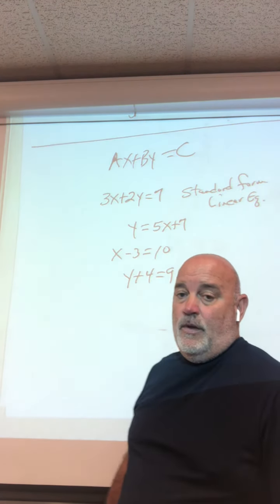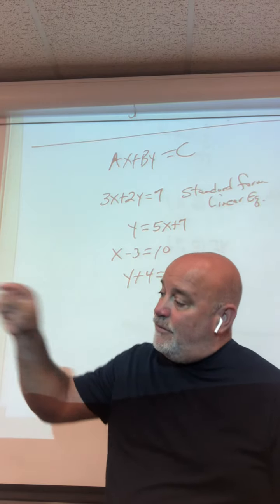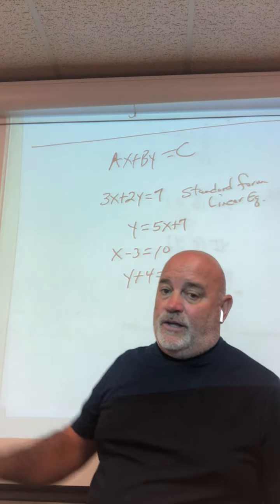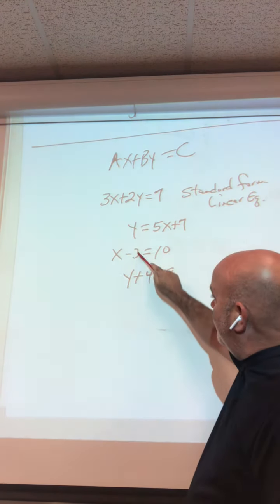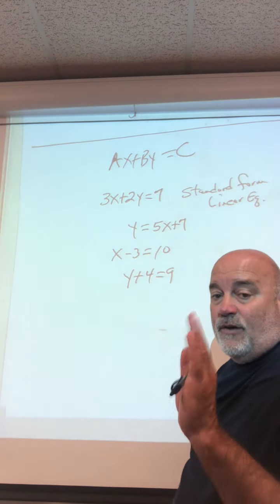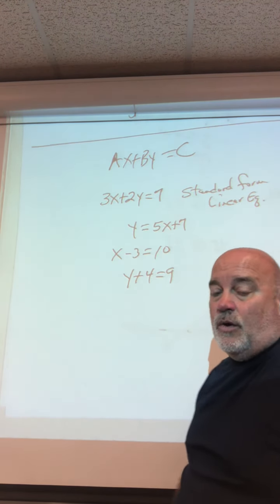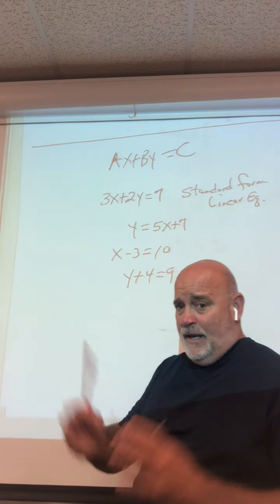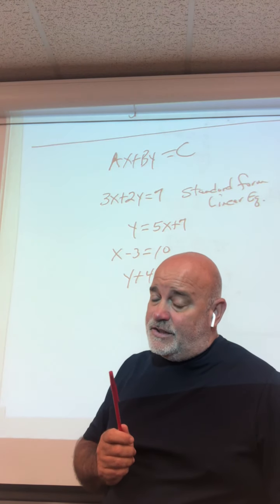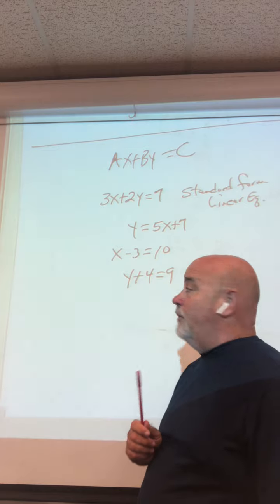No. It turns out that of these two equations right here, one of these lines is vertical, one of these lines is horizontal. I'm going to show you why in just a minute, but let me go ahead and show you how you can tell.